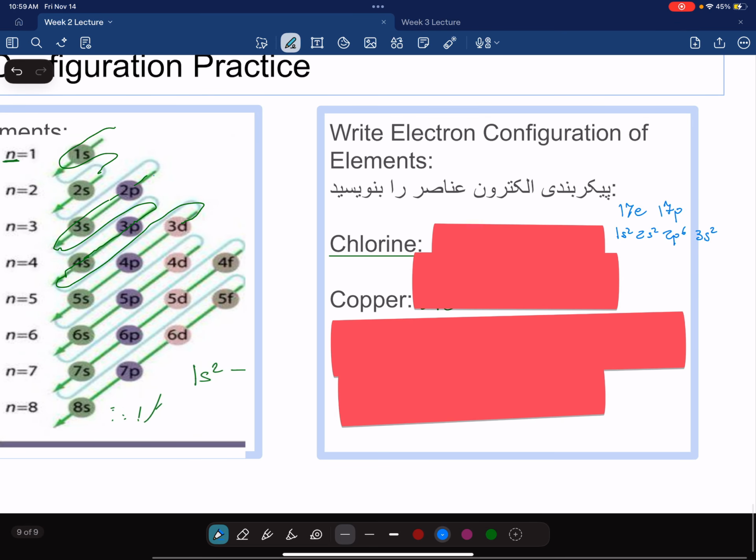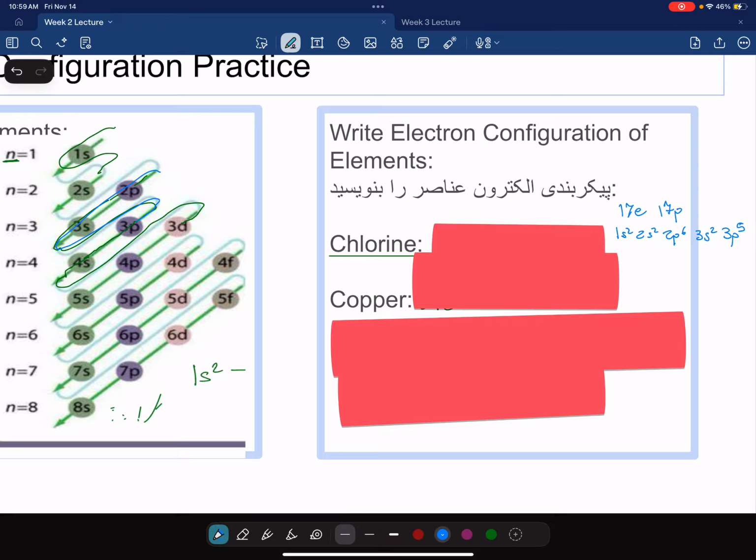So after 3s, what do we go to? Following this line, it goes to 3p. So we said that we had 5 more to go, so we can just write 5 for this. And that's how to represent it in electronic configuration.